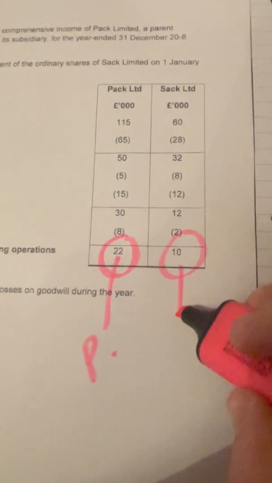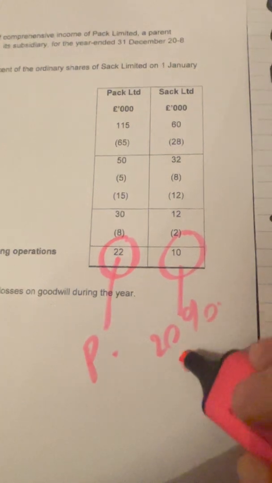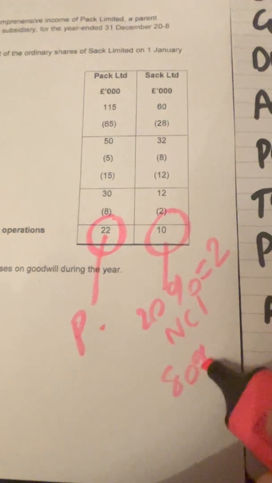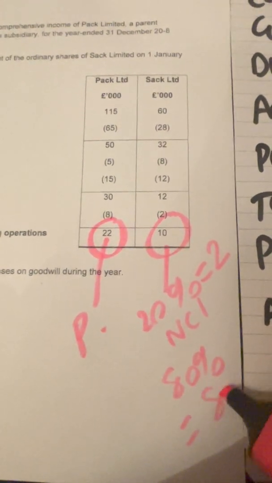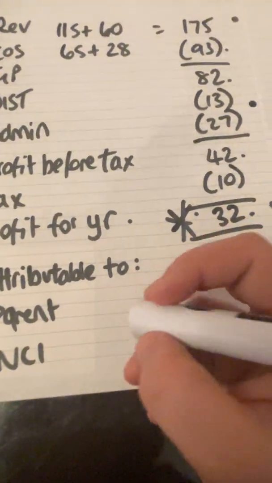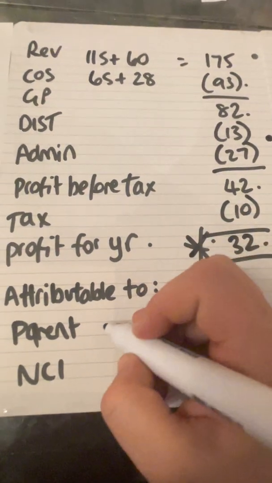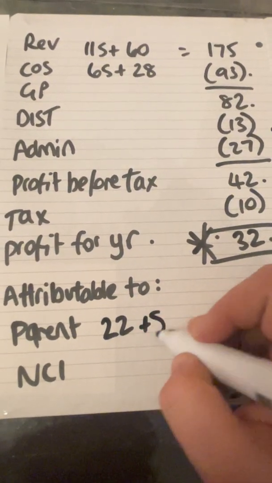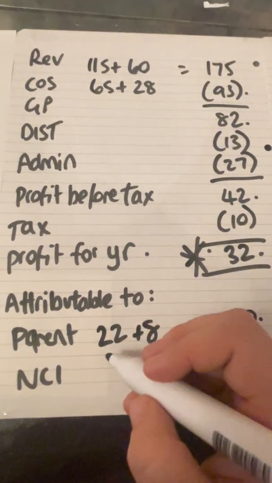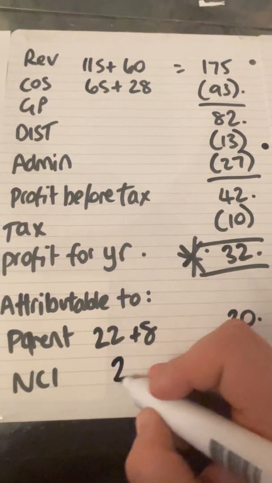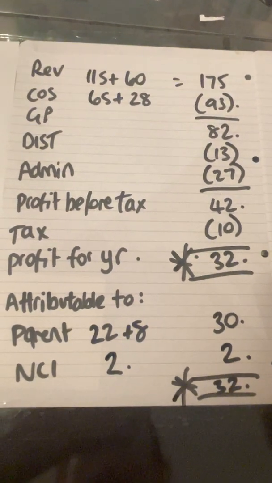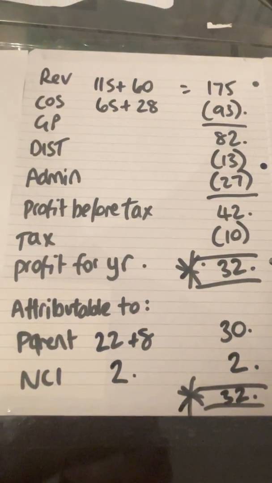The 10 though, 20% belongs to the NCI, which would be 2, and 80% belongs to the parent, which is 8. So in this example, the parent has got their 22 plus the 8 from the subsidiary to give 30. And the NCI, as we've already said, is entitled to 2. So that is, folks, your first consolidated P&L.